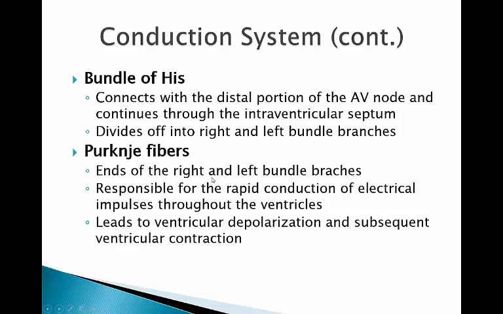Purkinje fibers are the end of the left and right bundle branches, and they are responsible for that rapid conduction of electricity or the impulses through the ventricles, and it leads to ventricular depolarization and then ventricular contraction. So you've got SA node, atrial depolarization and contraction. Down through the AV node, the bundle of His and the Purkinje fibers, which lead to ventricular depolarization and subsequent contraction.